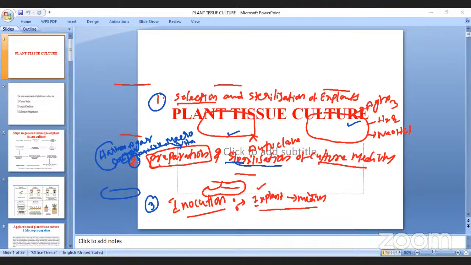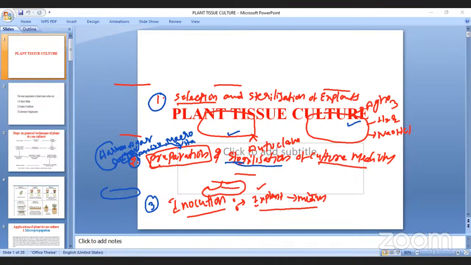But even though both are sterilized well, during the inoculation process, when you inoculate inside the media, at that time also there is a chance of infection by microbes if this process is conducted outside, not in aseptic condition. If you perform it in a non-aseptic condition, there is a chance that microbes will attack.